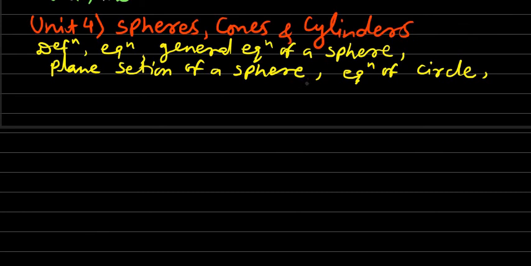Then power of a point, equation of tangent plane, plane of contact, polar plane and pole of plane, some results concerning poles and polars, angle of intersection of 2 spheres, and condition of orthogonality of 2 spheres. Like such articles we are going to study about the spheres.